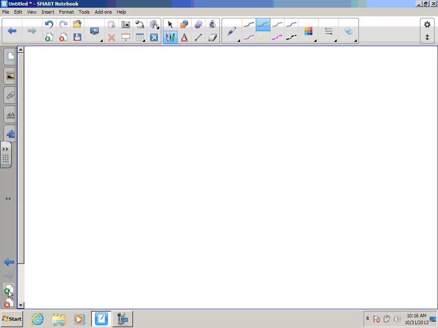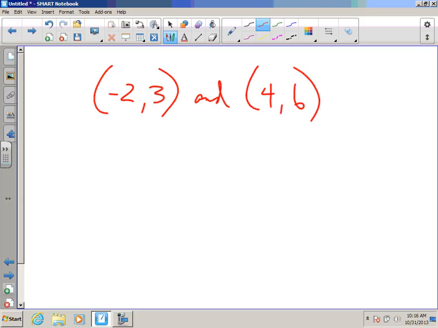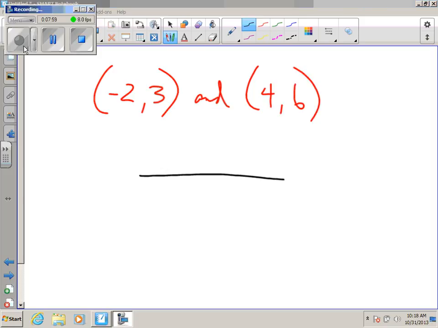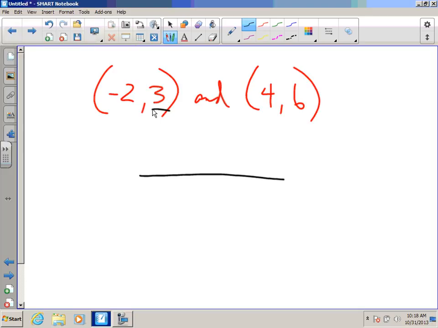Now, do this one. Negative 2, 3, and 4, 6. Watch this slope. Okay, so we're going to go y. Change in y. So I'm going to take that 3, and I'm going to subtract the 6.